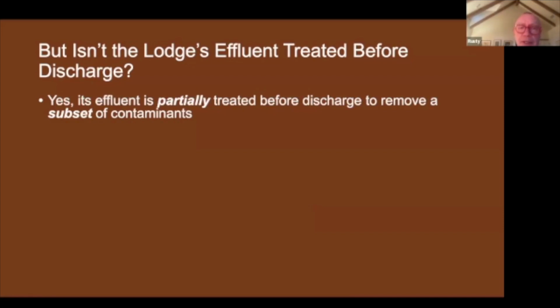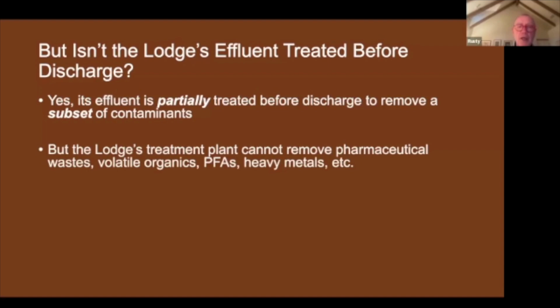Well, yeah, the effluent is partially treated before discharge, but it's treated to remove only a subset of specific contaminants. This is how you game the regulations. You figure out what contaminants NMED regulates, and you design your treatment plant to remove those. Everything else just goes through.